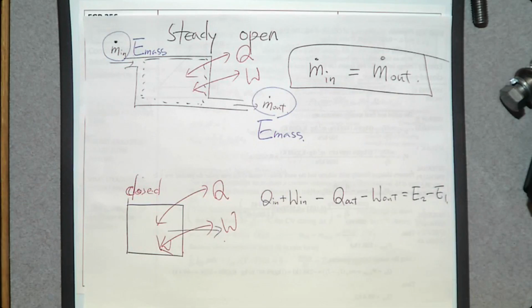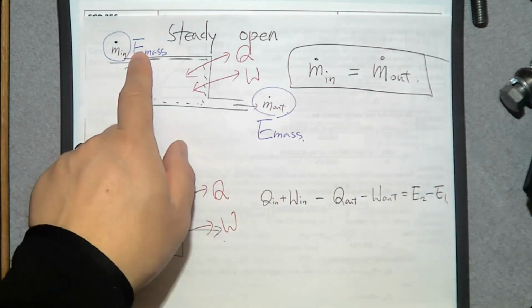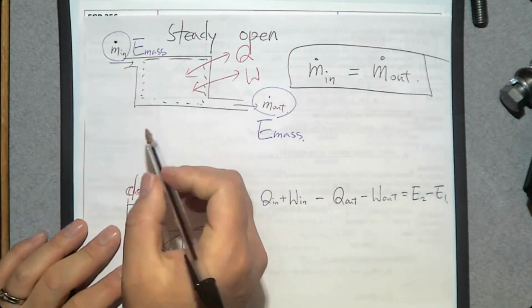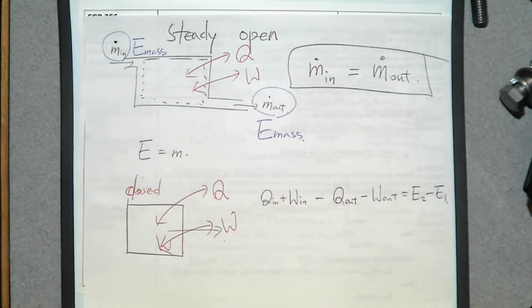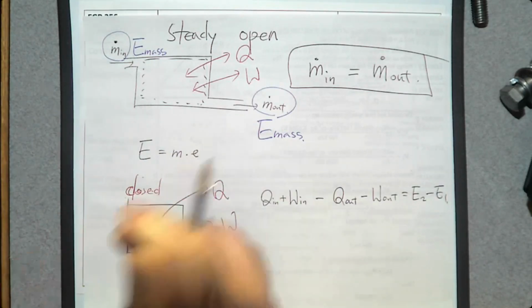Then the next question is, okay, I know how to use Q and W in an energy balance equation that we studied in chapter 3. Then how can we determine energy transfer by mass? It's nothing new. We use the same thing that we studied in chapter 2. This energy is going to be mass times lowercase e, total energy per unit mass.